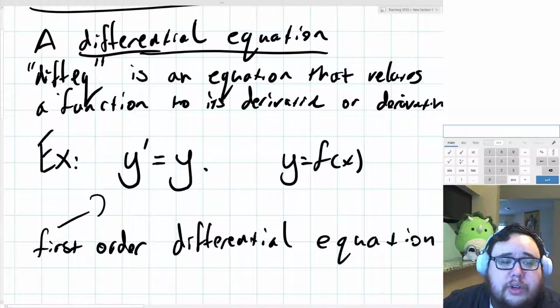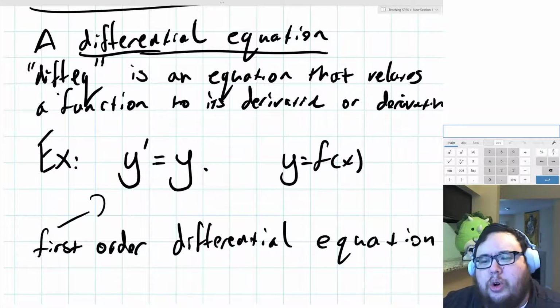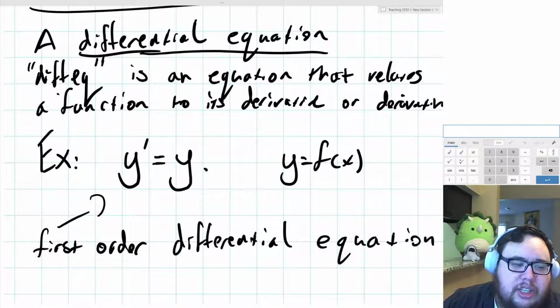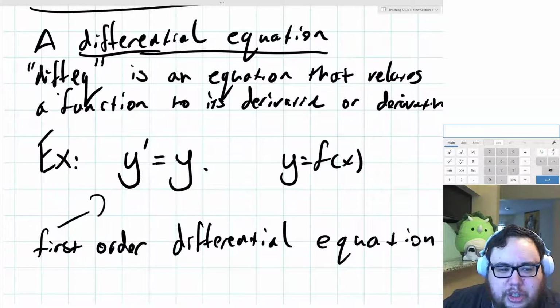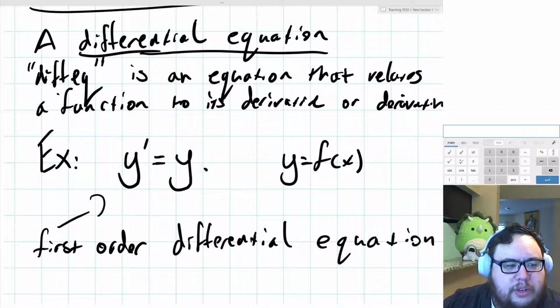The order of a differential equation is basically the highest derivative that comes across. The order of a differential equation is kind of like the degree of a polynomial. And actually there's a lot of ways in which you can use the theory behind polynomials to effectively study differential equations. We will not be talking about that at all. That is for a real course in differential equations. We're just scratching the surface.